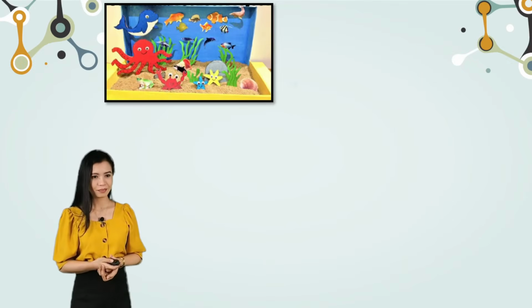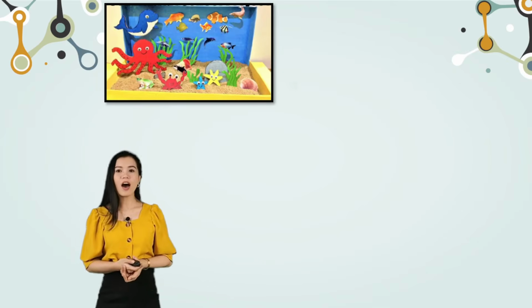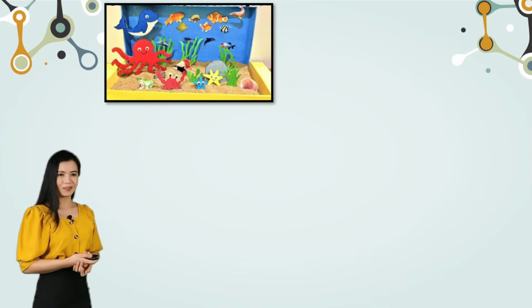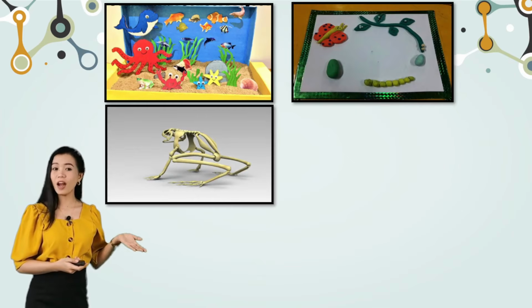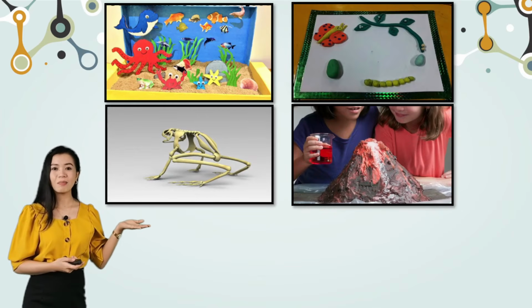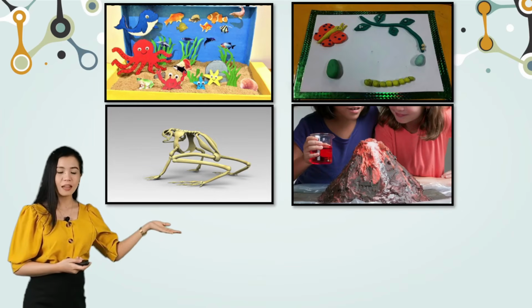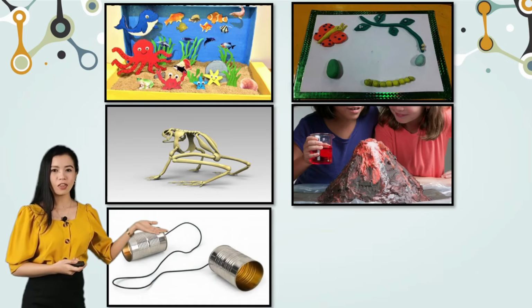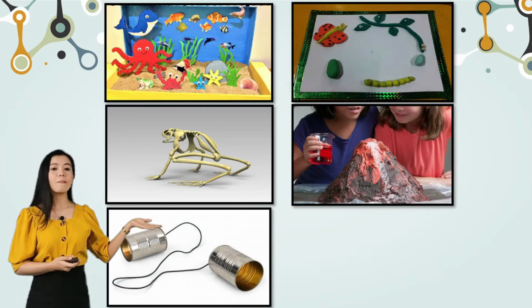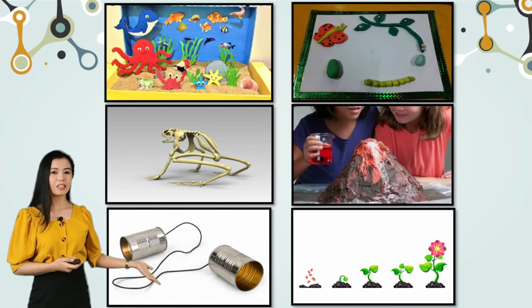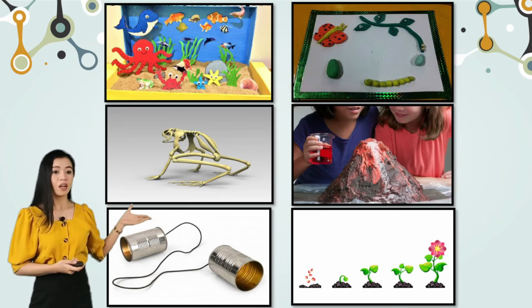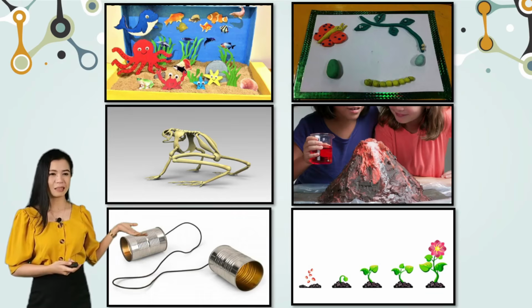These are examples of models: a model of an aquatic ecosystem, a model of a butterfly's life cycle, a model of a frog's skeleton, a model of a volcanic eruption, a model of the traveling of sound through a medium, and a model of a plant's growth.